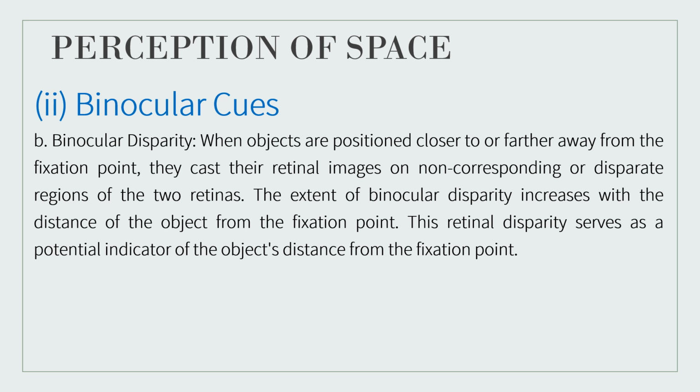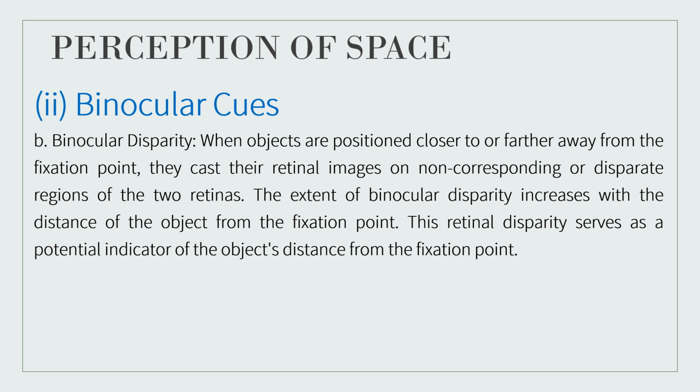So binocular disparity, what is the disparity? When objects are positioned closer to or farther away from the fixation point, they cast their retinal image on non-corresponding or disparate regions of the two retinas. The extent of binocular disparity increases with the distance of the object from the fixation point.